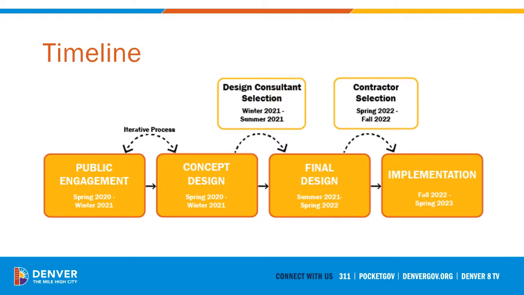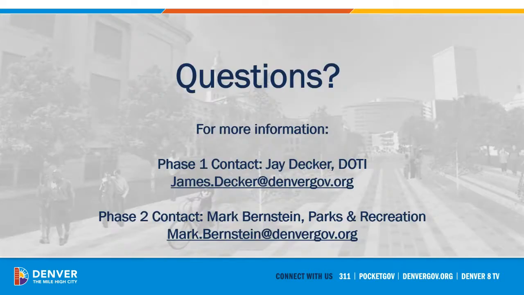And then in spring of 2022, we will go through yet another selection process to hire a contractor for the implementation piece, which will occur from fall of 2022 until spring of 2023. So our end goal is to complete the long-term permanent transformation of Bannock by spring of 2023. Next.